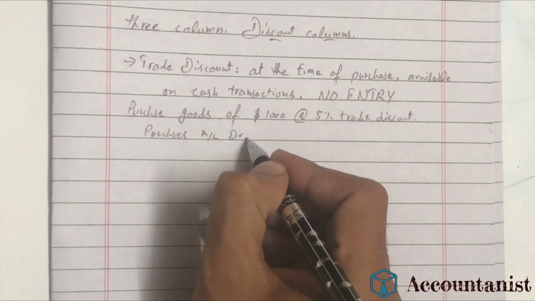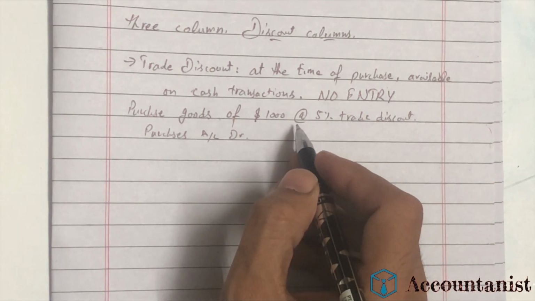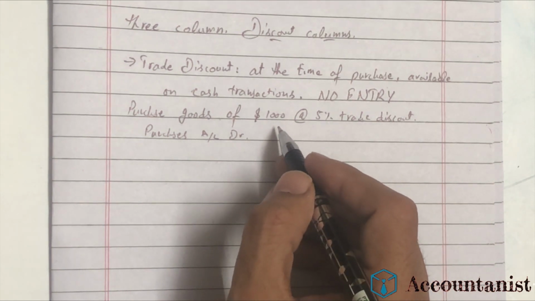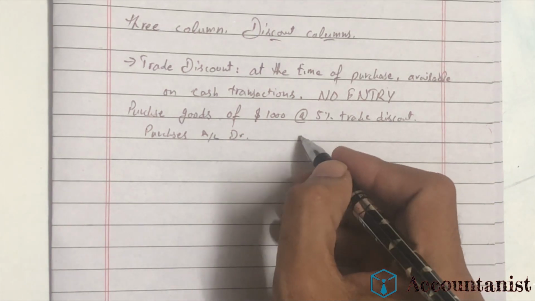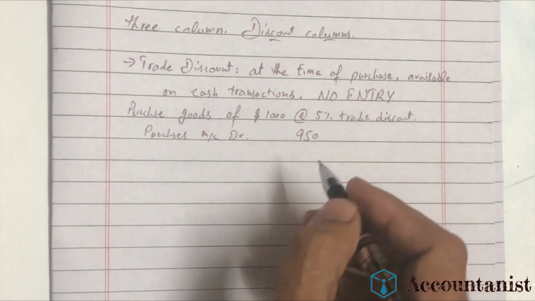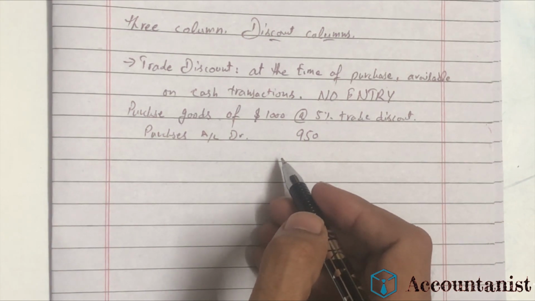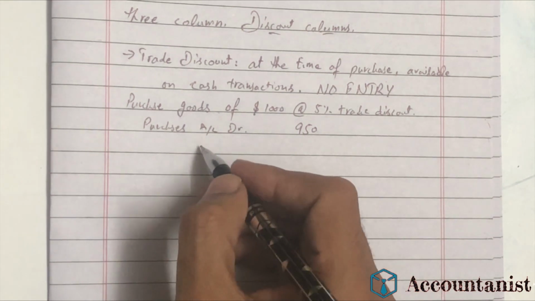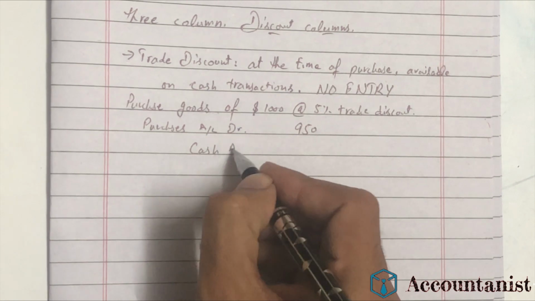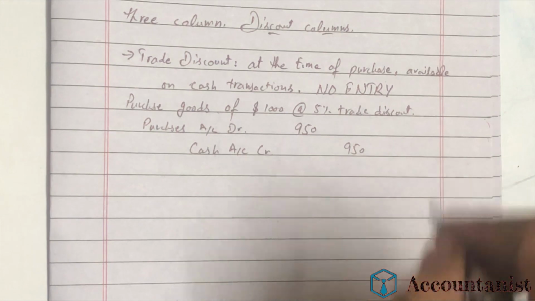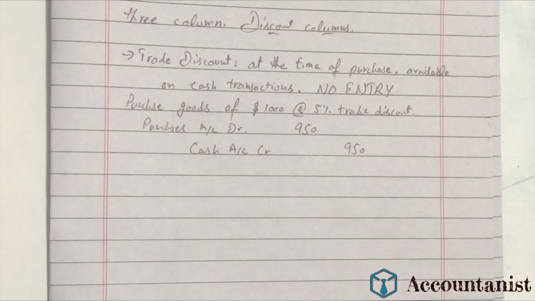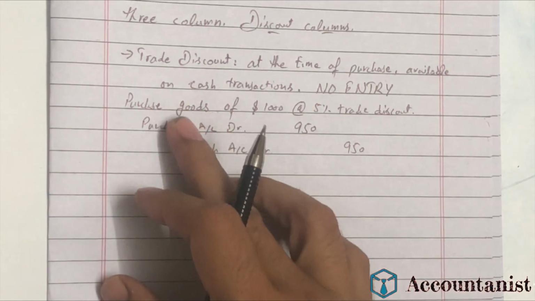We deduct this 5% from the 1,000, which is $50, so we enter the amount 950, and if we give cash, we write the cash account on the credit side with the same amount 950. In this scenario we did not record the trade discount. That's the first discount that we have in businesses.